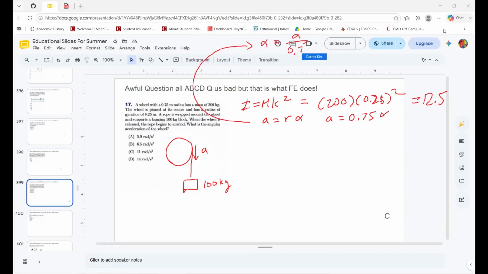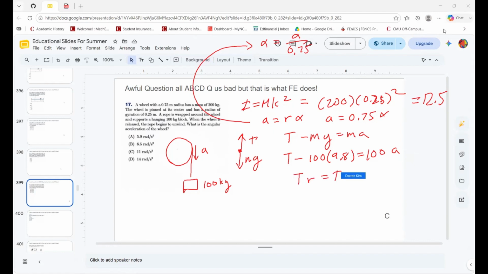Next, we do a little bit of statics analysis over here. There's a tension over here, and there's an mg over here. So T minus mg equals ma. This over here is 100 multiplied by 9.8. And then this is going to be T minus that equals 100A, basically. And with that said, we could do TR equals I alpha too, because of the wheel.